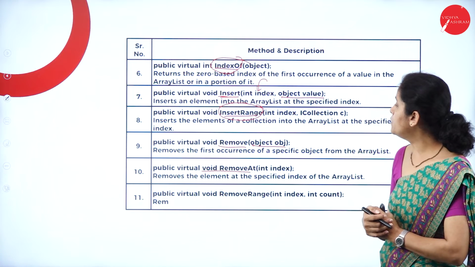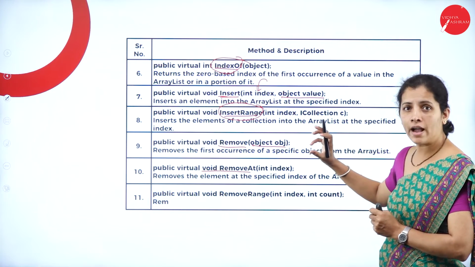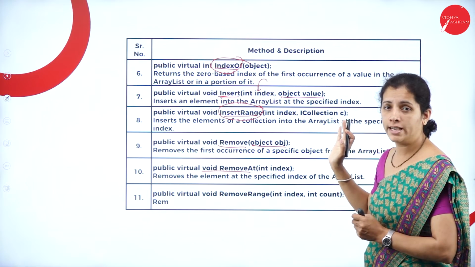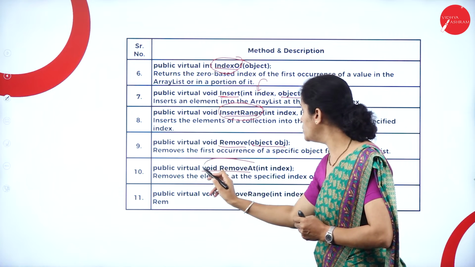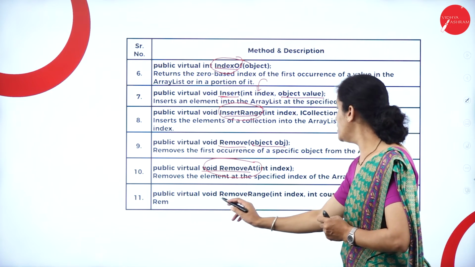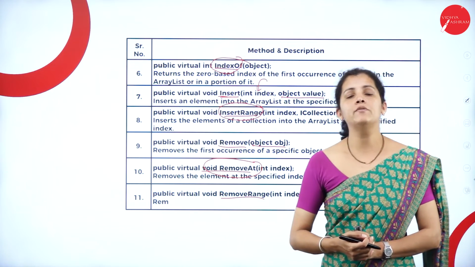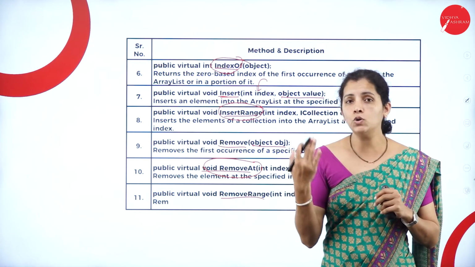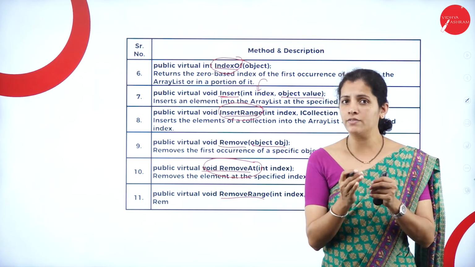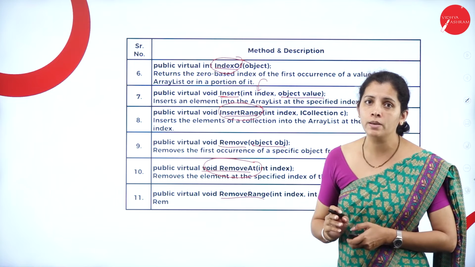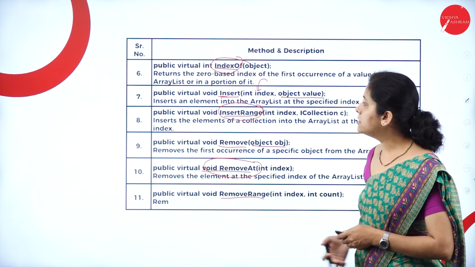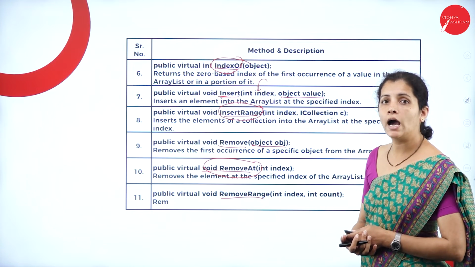So what is RemoveAt? I specify from which index I want to remove the object. For that, I use RemoveAt. Now RemoveRange. Suppose I want to remove more than two objects, then I specify the index range, from where to where I want to remove the objects. So these are some of the methods present in the array list.